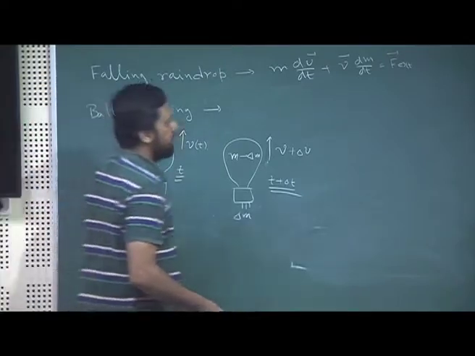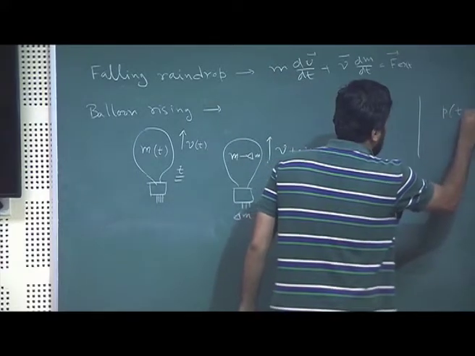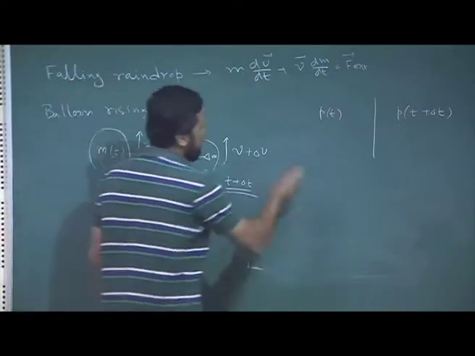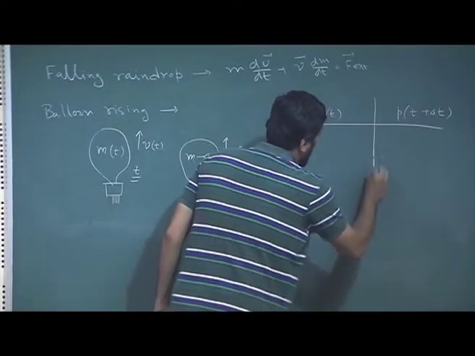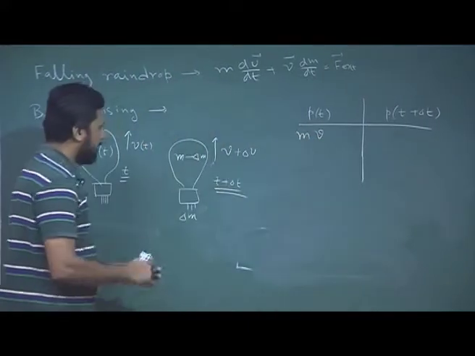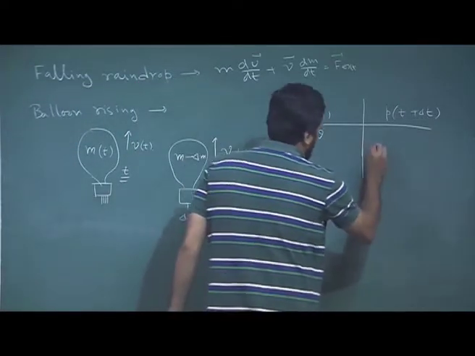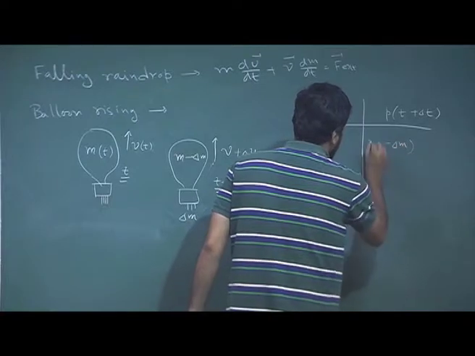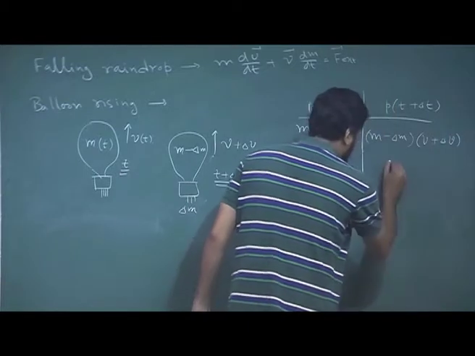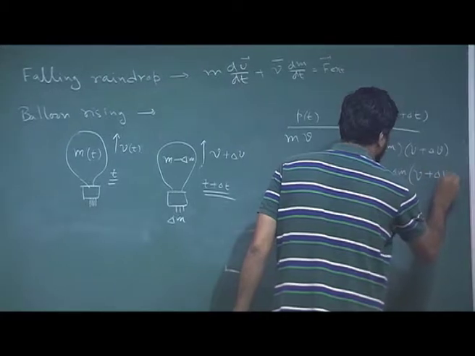So, once again we try to construct the momentum p of t and p of t plus delta t. Once we do that, we immediately see that the momentum initially was simply mv, and the momentum at time t plus delta t is (m minus delta m) times (v plus delta v) plus delta m times (v plus delta v).